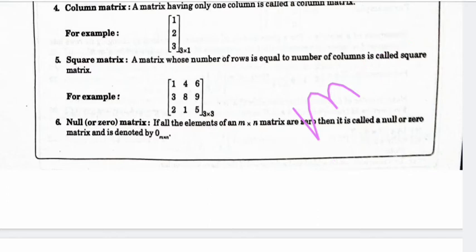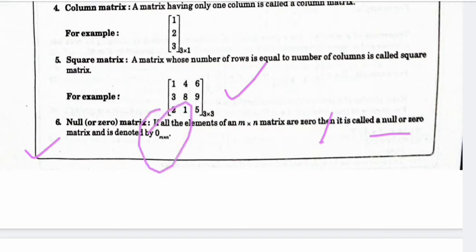For example, here the number of rows is 3 and the number of columns is also 3, so it is a square matrix. Now the sixth type of matrix is the null or zero matrix. If all elements of an m into n matrix are 0, then it is called a null or zero matrix, and it is denoted by 0 m into n.